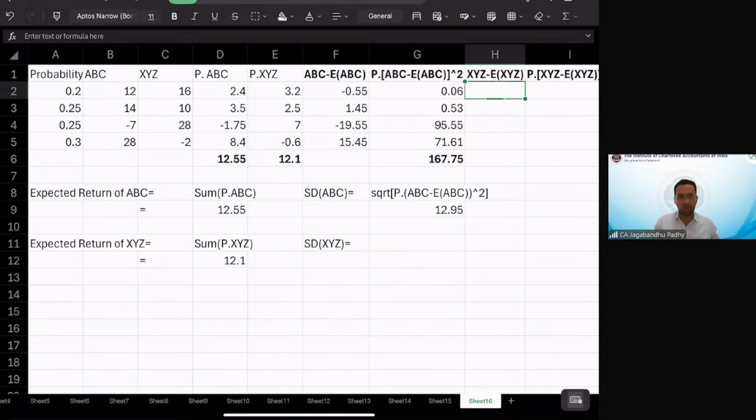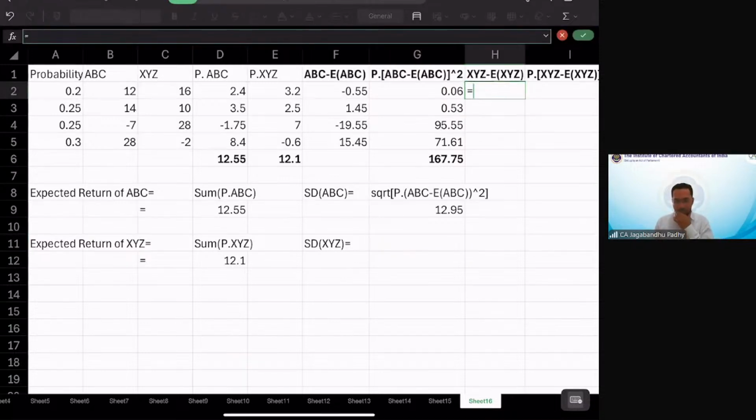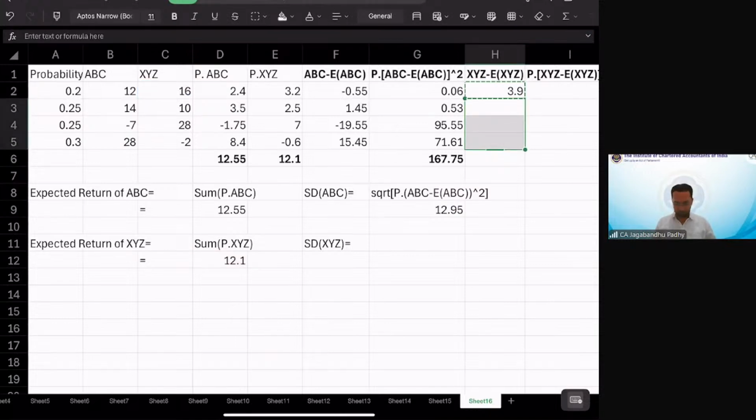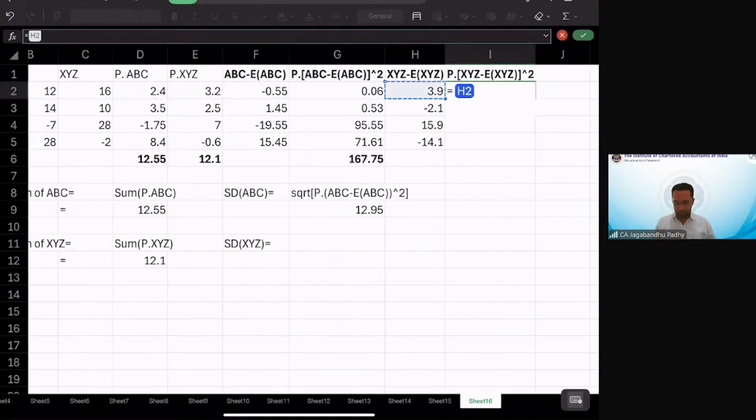Yes, next one, 11.27. So XYZ minus expected value of XYZ, which is 12.1. Just drag it down. Then XYZ minus expected value squared, multiplied by the probability.